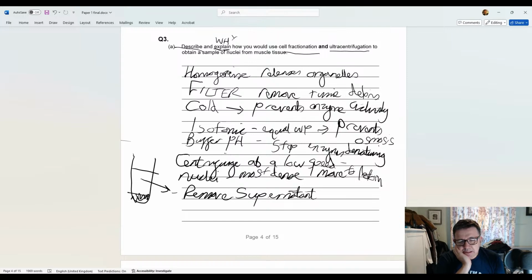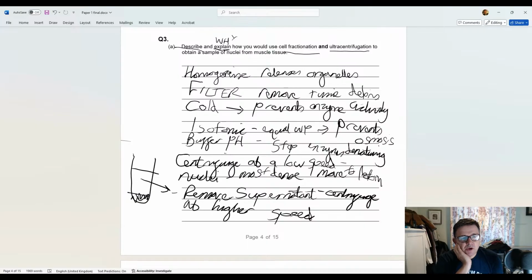Supernatant, that sounds good. And then you would centrifuge at a higher speed, and then you can separate the next organelle. So the higher the speed, the less dense the organelle is, basically.